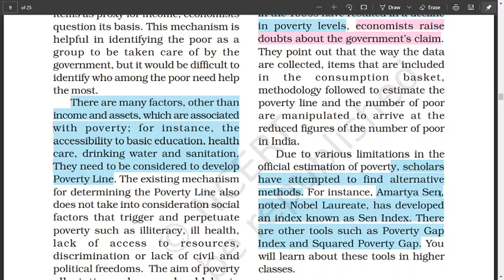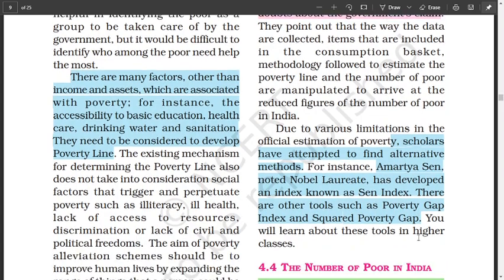For instance, Amartya Sen, a noted Indian Nobel laureate, has developed an index known as the Sen Index. He made his own method to find the number of poor. Another tool is the poverty gap index, squared poverty gap, just to know the names, that there are other methods apart from what has been given by the government. So that's the poverty line.